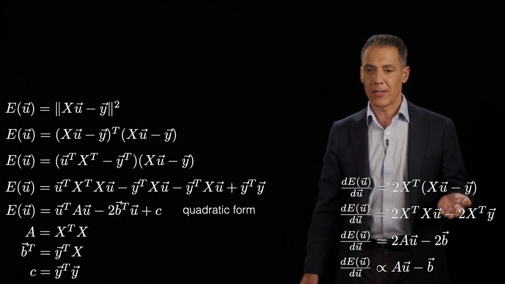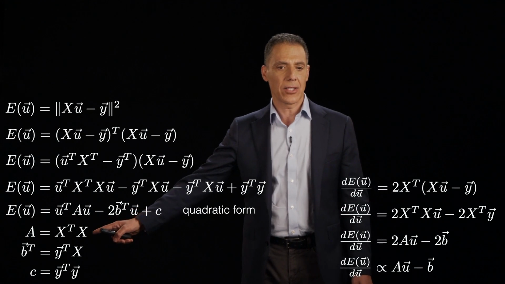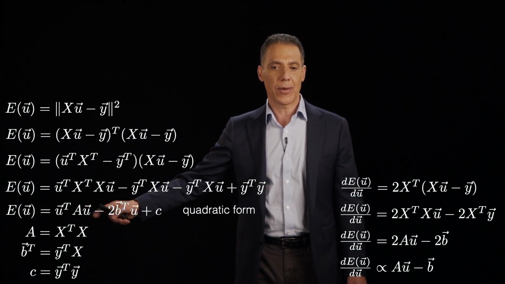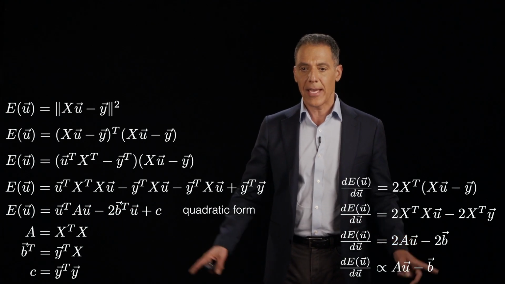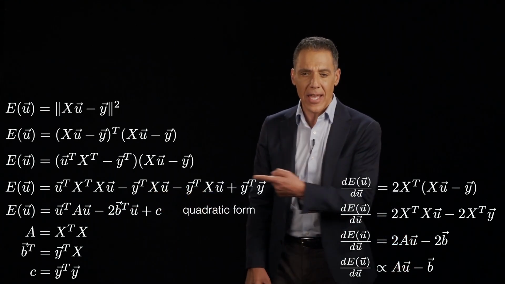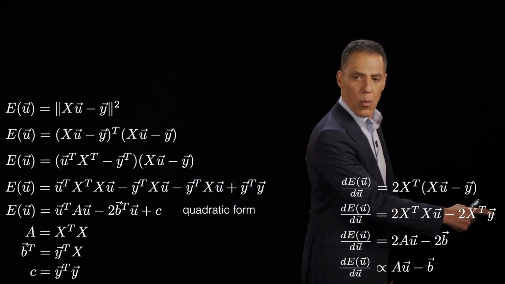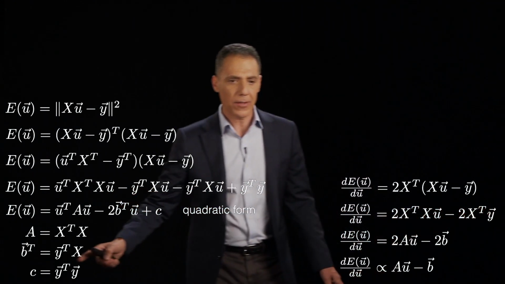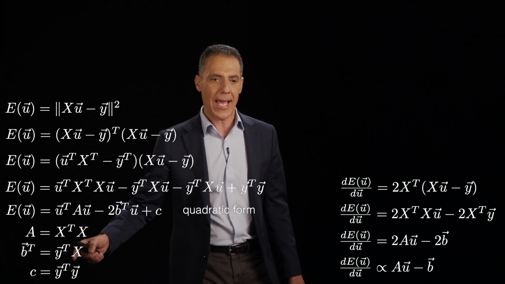And let me simplify a little bit more. What is X transpose X? It's equal to A in my quadratic form. So I can substitute that in right there. And what is X transpose y? Well, that looks an awful lot like this transpose. So if I take the transpose of b, then I've got X transpose y.